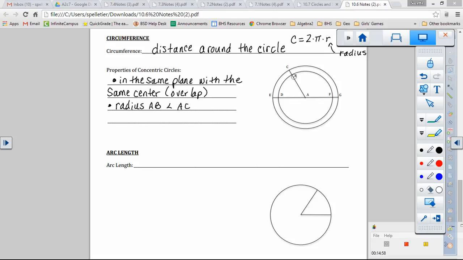From A to B is a shorter distance than from A all the way out to C. And the circumference of circle A is less than the circumference of circle B. The circumference of the small circle is less than the circumference of the larger circle.